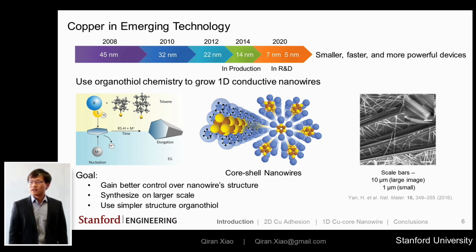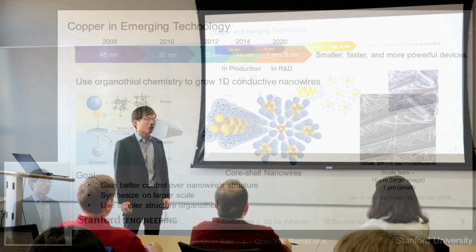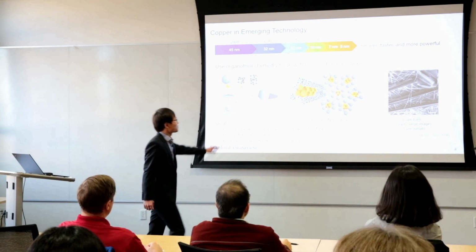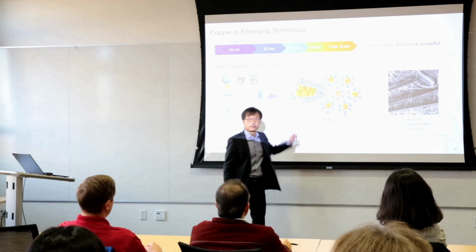And one way to address that challenge is by growing material from the ground up, one atom at a time. 1 year ago, Dr. Hao from Professor Malash's group reported a successful synthesis of a one-dimensional electric conducting nanowire that has a conductivity comparable to intrinsic silicon, even though those nanowires only have 3 inorganic atoms at the cross section.